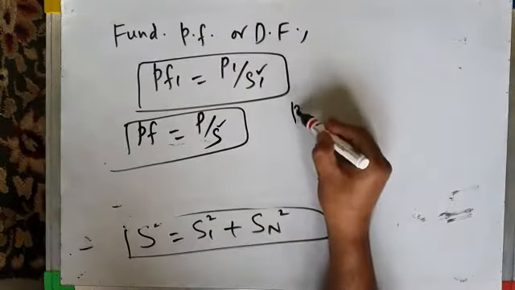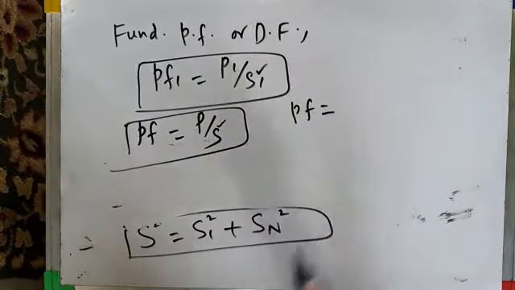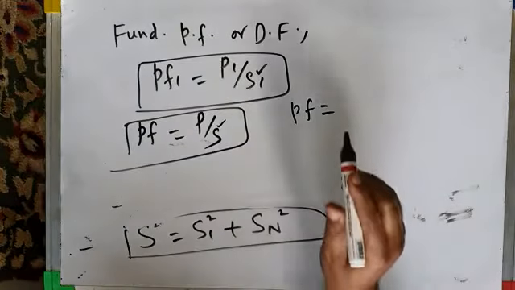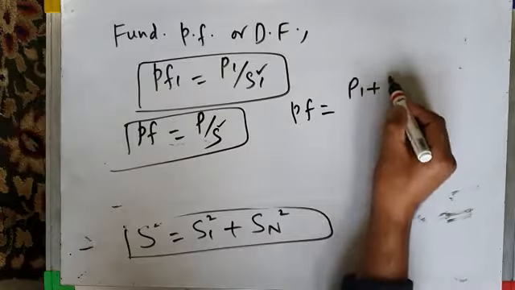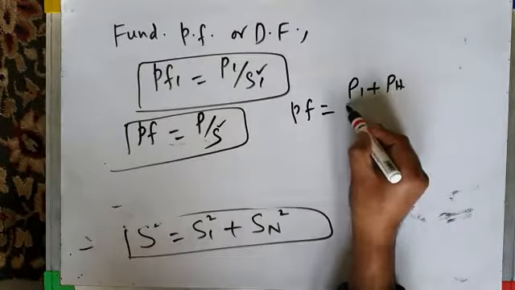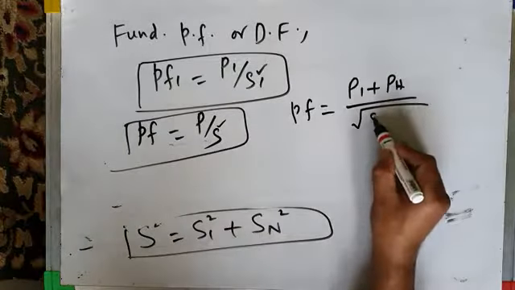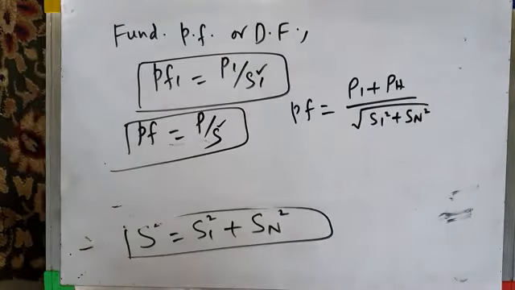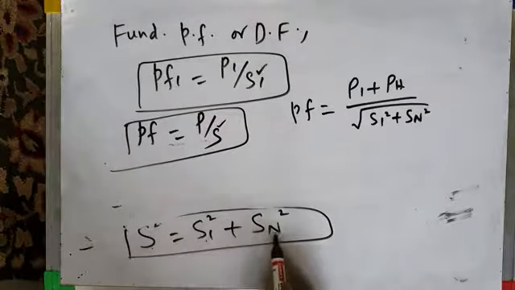So this power factor can also be written as, just a few moments back we have seen, this power capital P is equal to P1 plus PH, divided by the apparent power, which is given by under root of S1 square plus SH square. Because I have written here what is S: S is S1 square plus SH square.